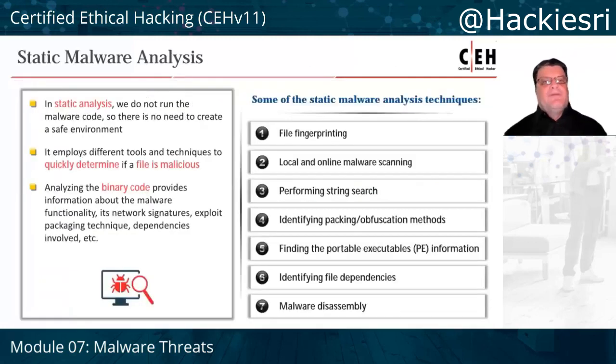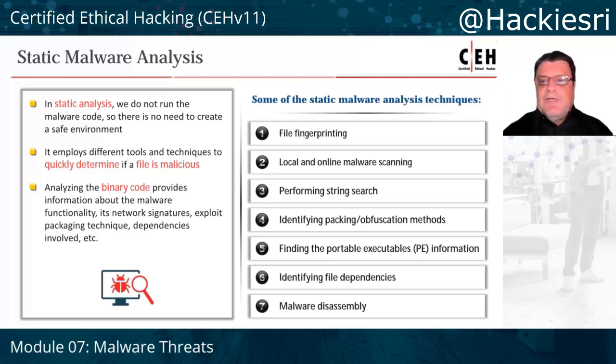Once you have prepared a test bed, you can perform static malware analysis. In static analysis, we do not run the malware code, so there is no need to create a safe environment. It employs different tools and techniques to quickly determine if a file is malicious. Analyzing the binary code itself provides information about the malware functionality, its network signatures, exploit packaging techniques, dependencies involved, and so on.